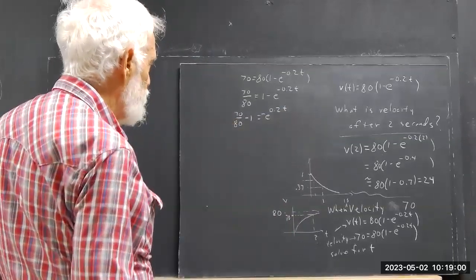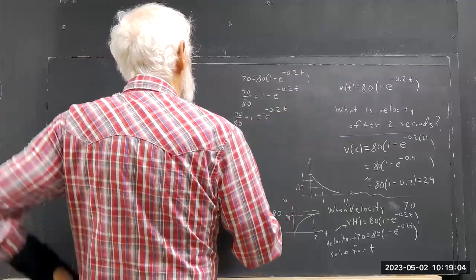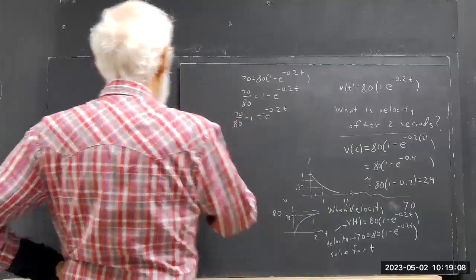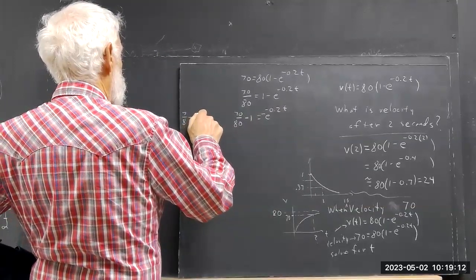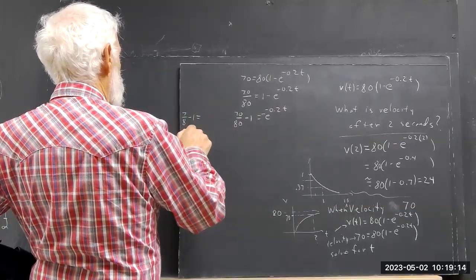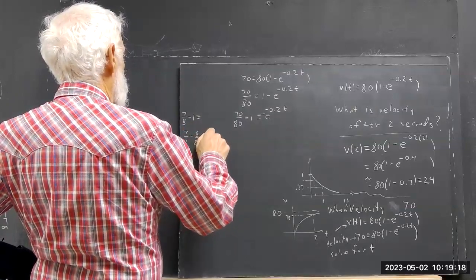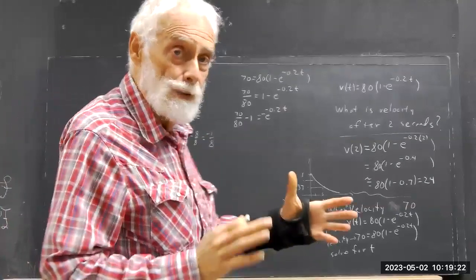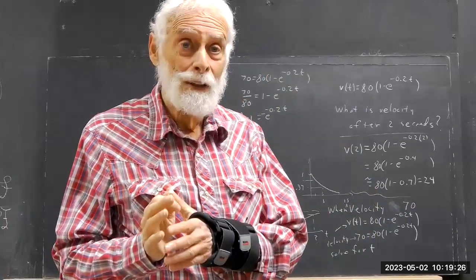70/80 minus 1 is negative e to the negative 0.2t. 70/80 minus 1 is, well, that's 7/8 minus 1, which equals 7/8 minus 8/8 equals negative 1/8. Now, if you visualize 7/8 on the number line, you divide the interval from 0 to 1 into 8 pieces.